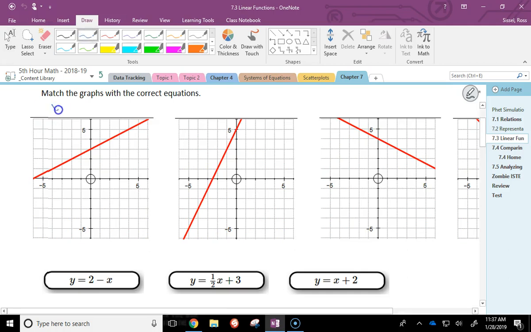Y equals 1/2 x plus 3. How'd you come up with that, Troy? Okay, so that means right here, that 0, 3 coordinate, that is my y-intercept. So that would be this number. How'd you get 1/2 x?